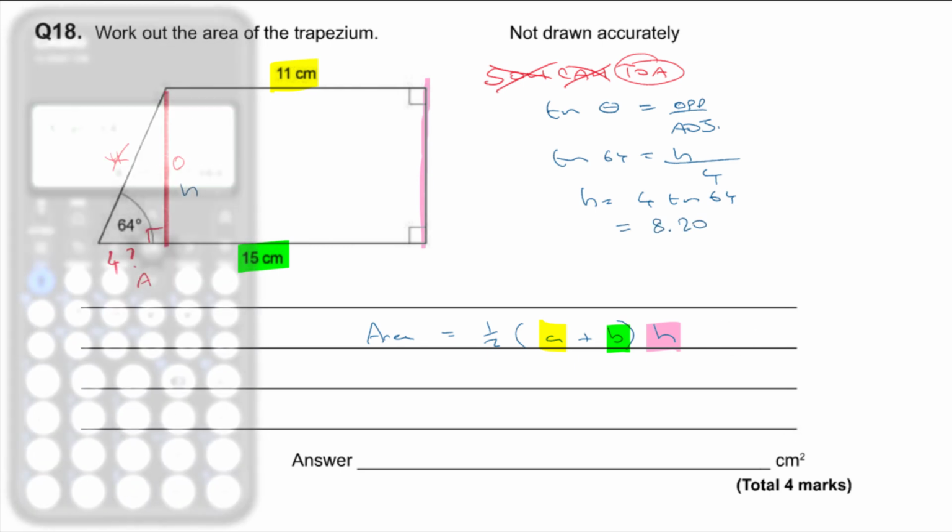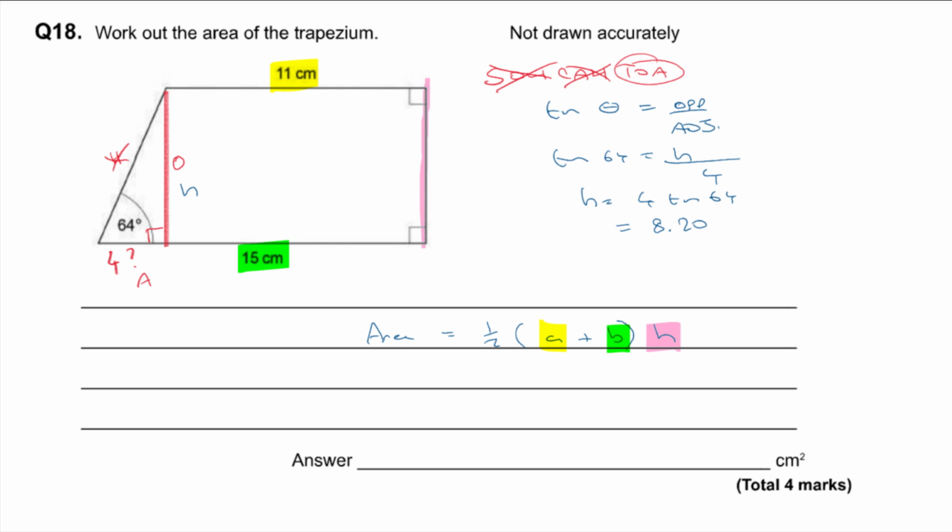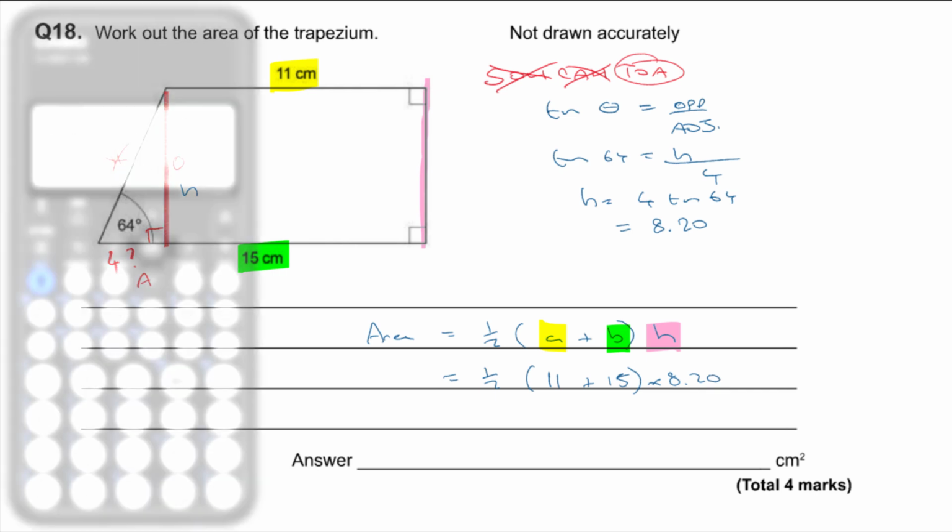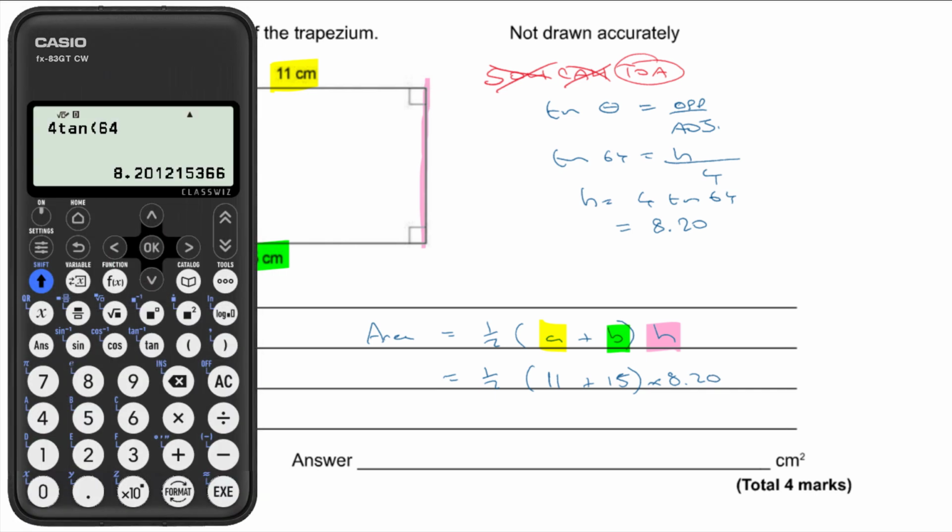Okay, so again, I'm going to retain that value in my calculator for my next calculation. Let's just sub in what I've got. I've got half times 11 plus 15 times 8.2, isn't it? I'm going to just use my answer key to type that in at the end.